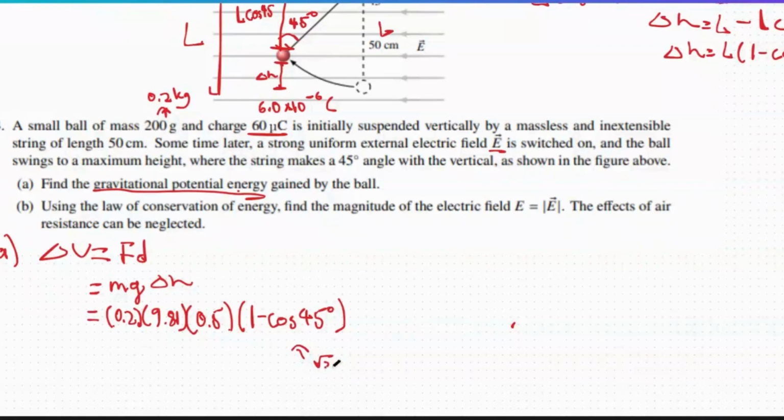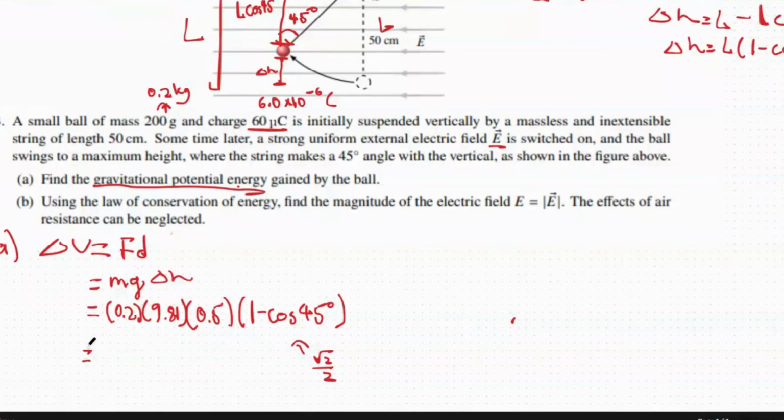This is root 2 over 2. When you plug in all the numbers, 0.2, you would get delta UG would be equal to 0.287 joules. That would be your final answer.